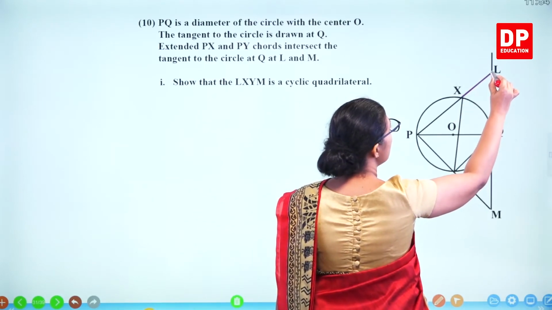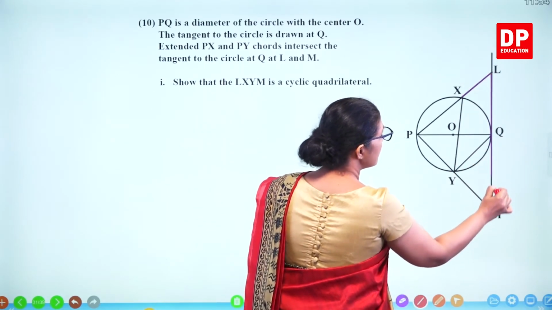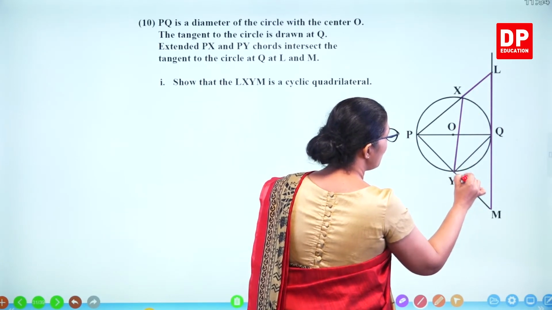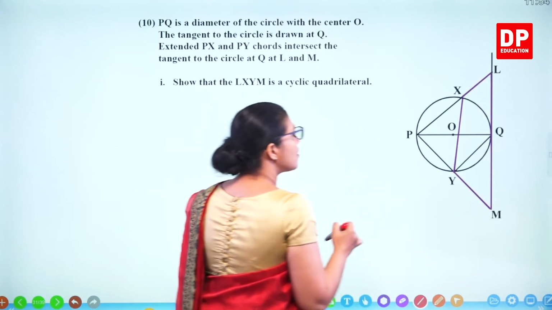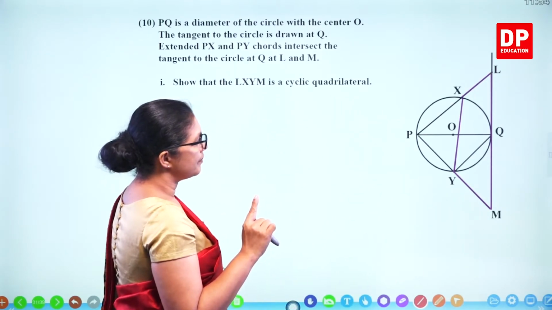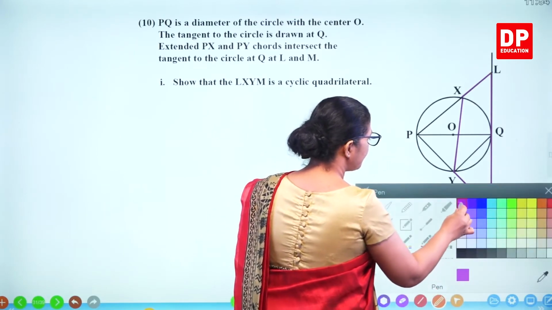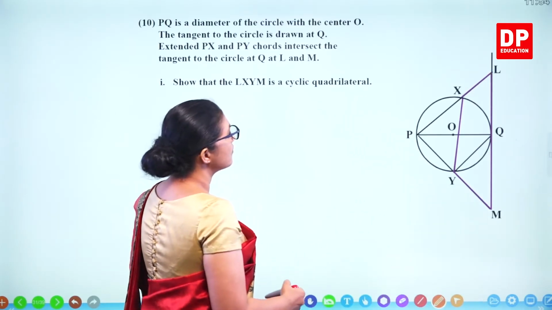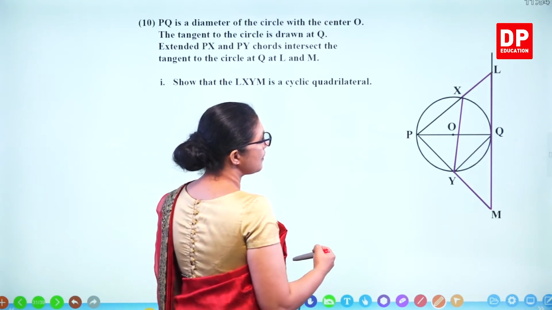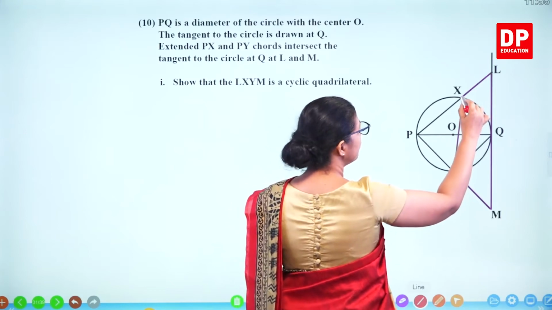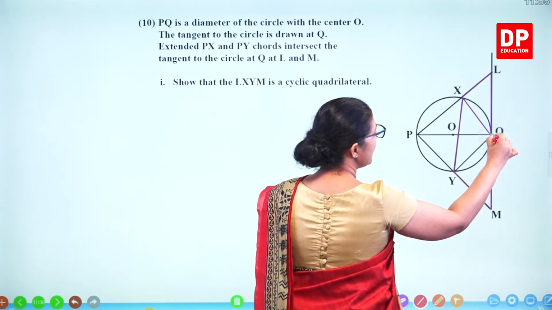This one, LXMY. This is a cyclic quadrilateral. So we'll use the angles and see. We'll connect this length here.